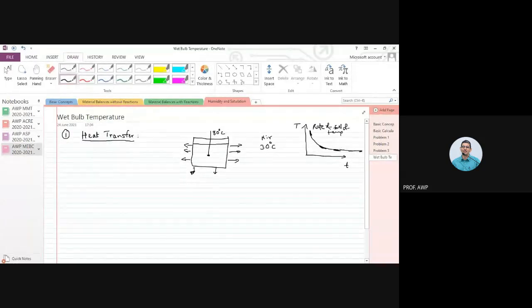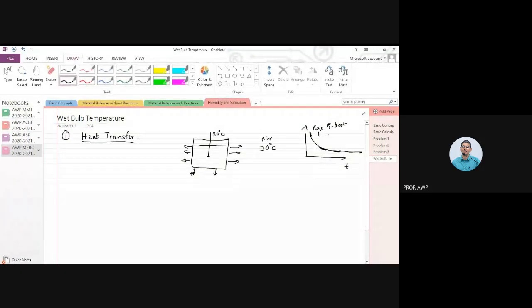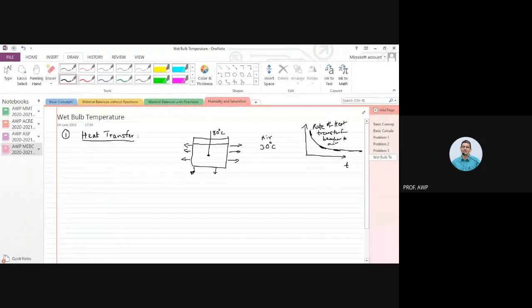So rate of fall of temperature is the same as the rate of heat transfer from the beaker to air.